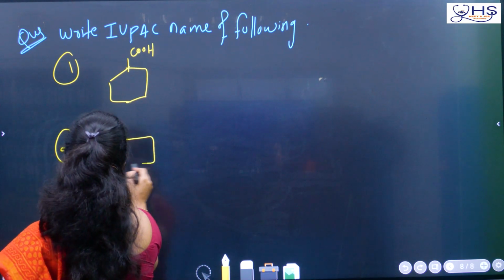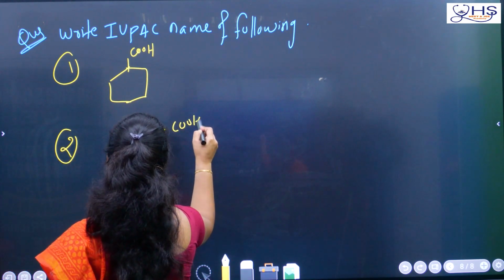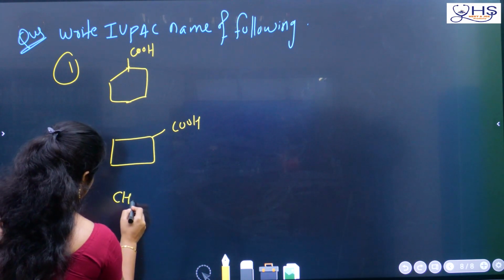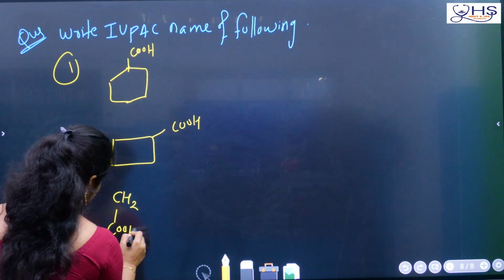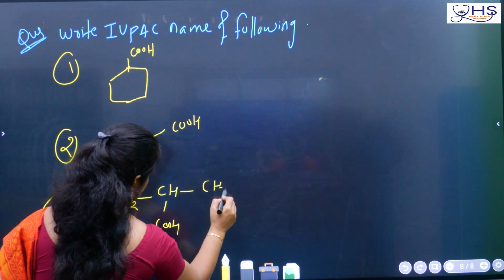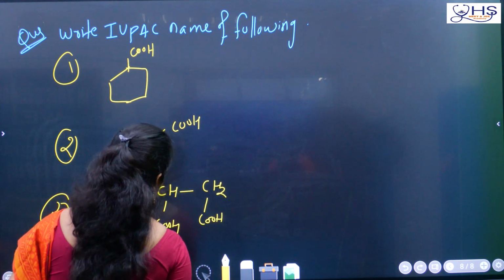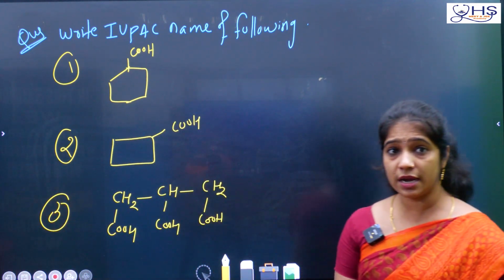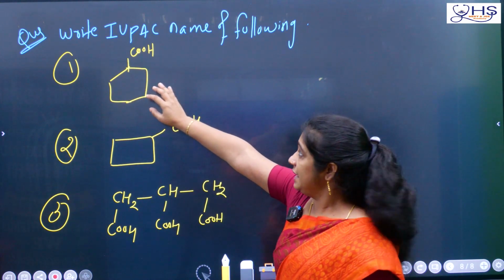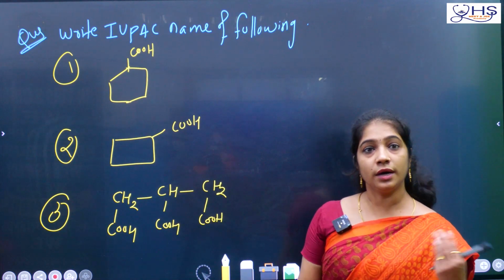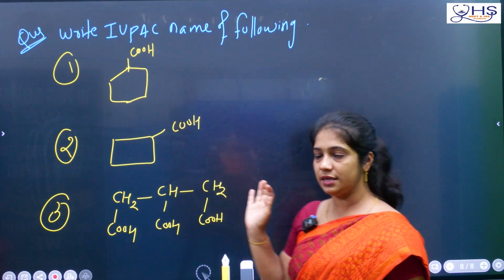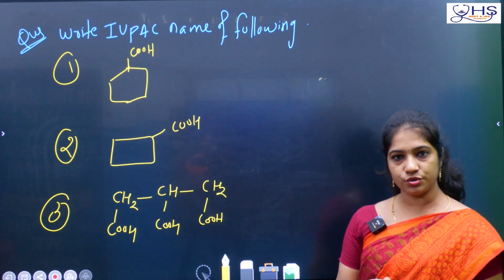And here having this one, and I have CH2, COOH, CH, and CH2, CH. Please try in the same manner, I'll give you one hint. Now what is the name of the ring? Cyclohexane. And here this COOH is part of the ring system. So what do I have to write? Cyclohexane carboxylic acid. So in the same manner you try for the others also.